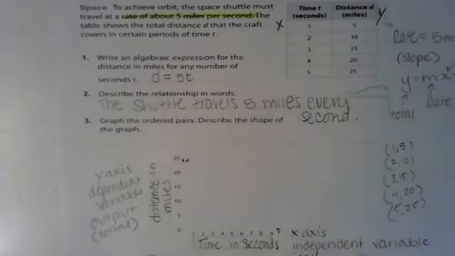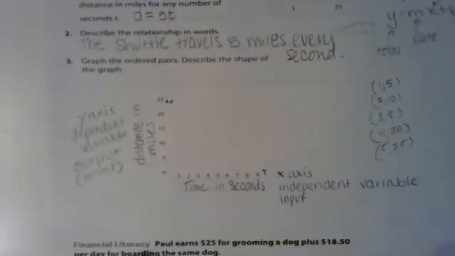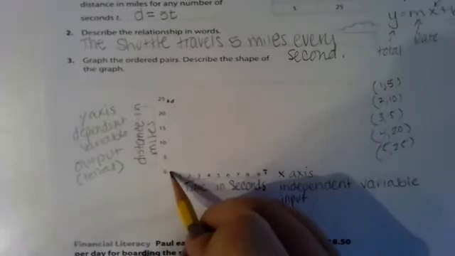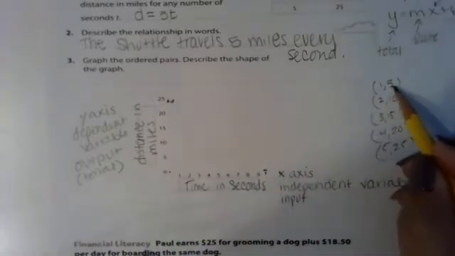And if we remember, when we thought back to this problem to begin with, we discussed no time, no distance, right? Distance hasn't happened if time hasn't started. So we know we're going to start at the origin, which is here. And then I have 1, 5.